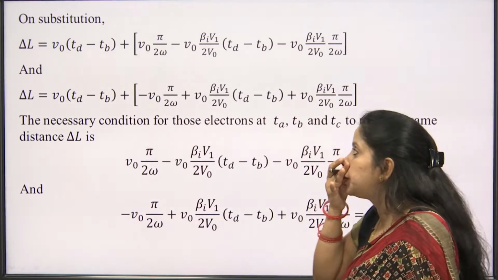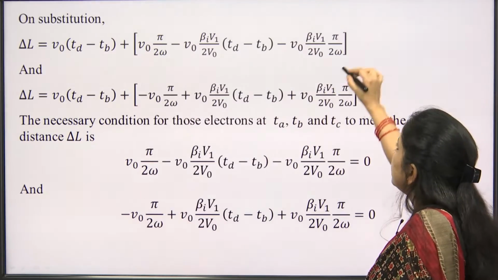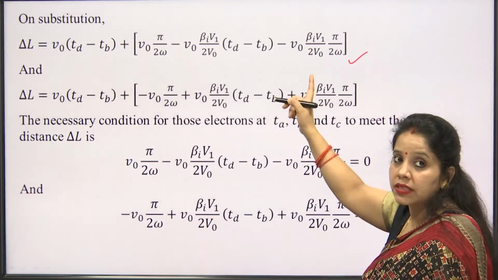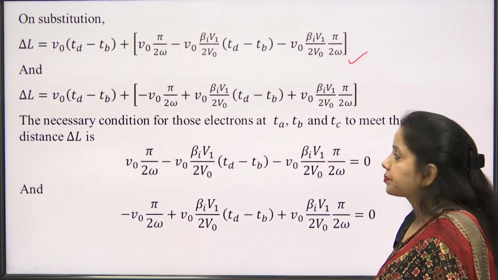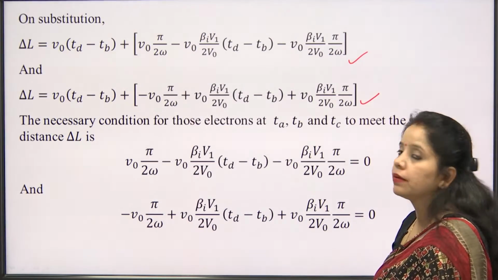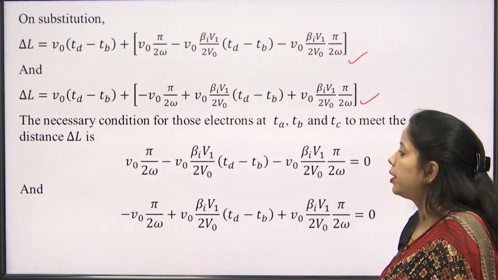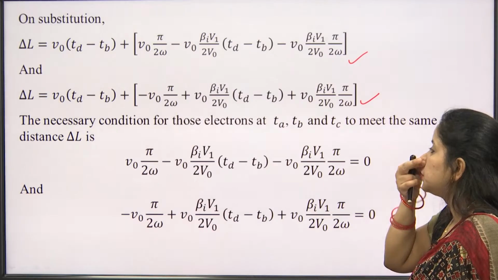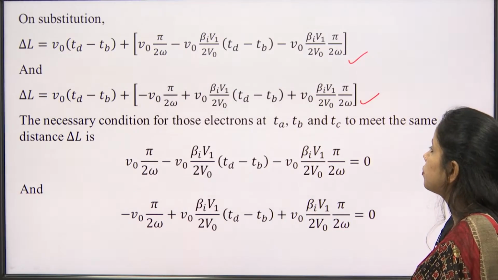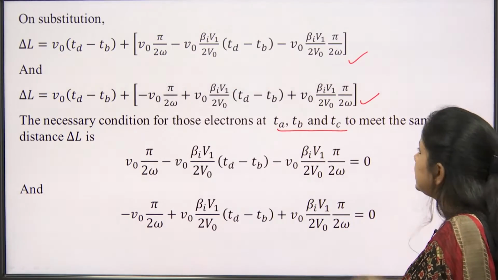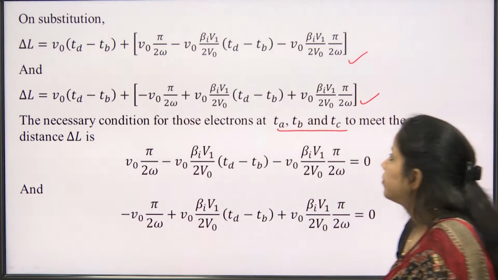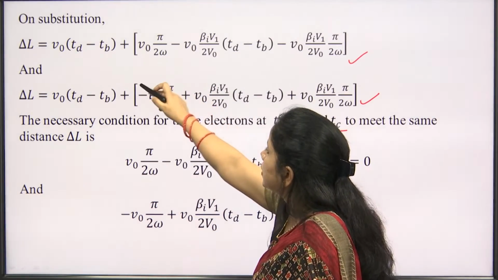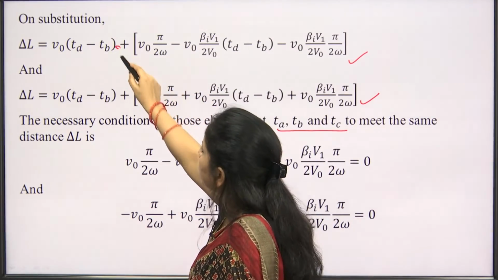On substitution, all the students please substitute the values, then only you will be able to get this result. And on substituting the Vmax value we are able to get this. So, the necessary condition for the electrons at Ta, Tb and Tc to meet at the same distance del L is that this one is the same.